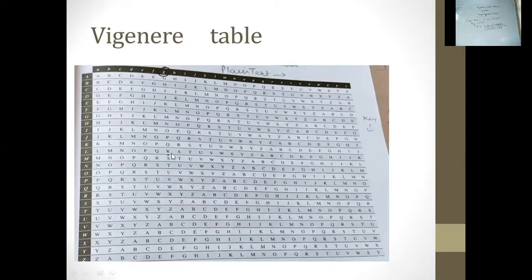Okay. Now let's move to the next pair, I and O. I is the plain text, so I move to the plain text column I, and the key is O, so I move to the row O. At the intersection point, what alphabet is available?